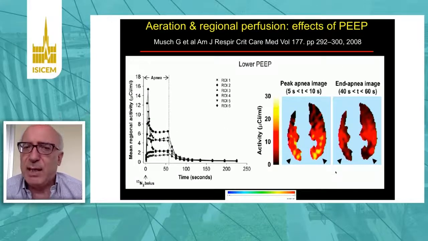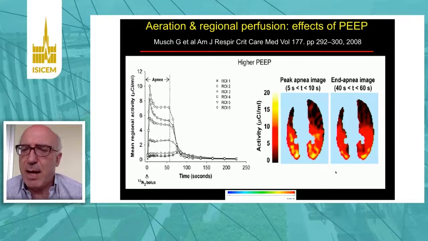PEEP may have different effects on perfusion. Again here, higher perfusion is represented with yellow color, lower perfusion, dark color. And you see that at end inspiration, peak apnea, or end apnea at end expiration, and lower PEEP, perfusion, again, is mainly distributed towards the lower part of the lung, especially when pressures are increased.